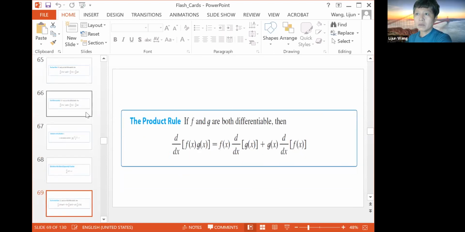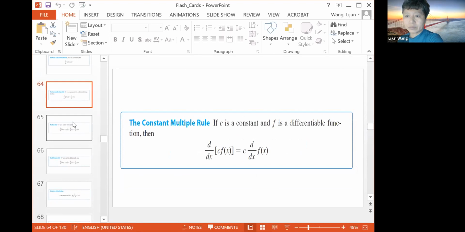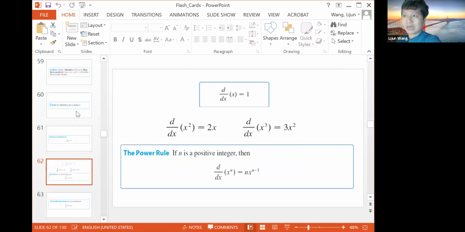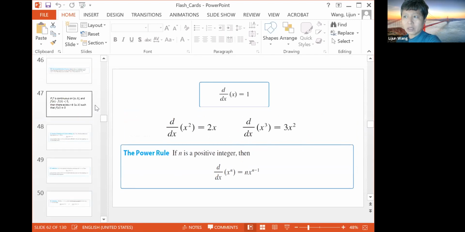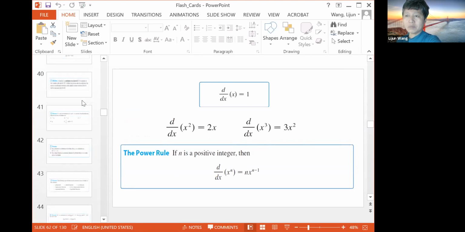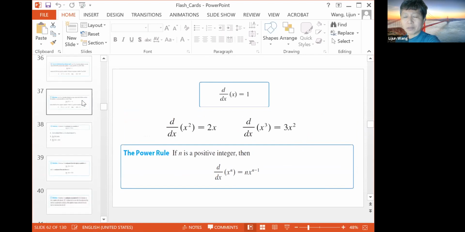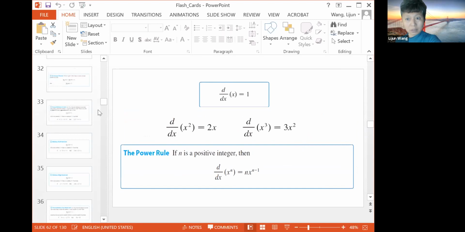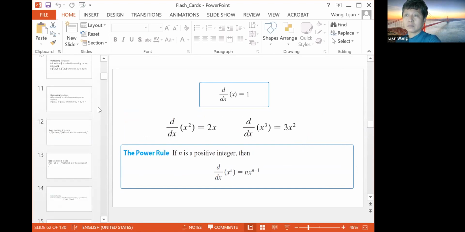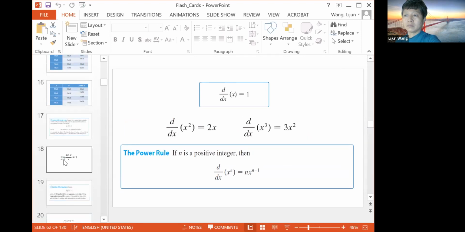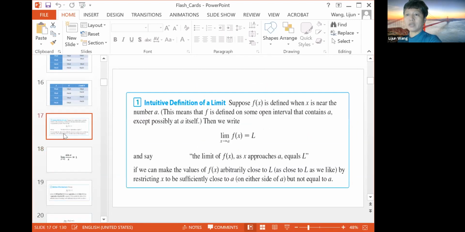In this class, among the 130 flashcards, how many do we do? We only do 17 of them. You need to be able to do everything in this packet. And in addition to that, this is the beginning of calculus.